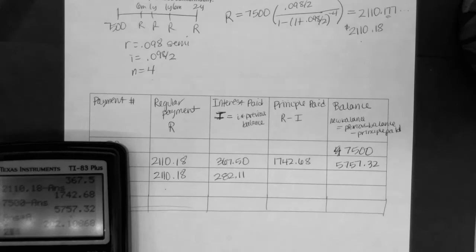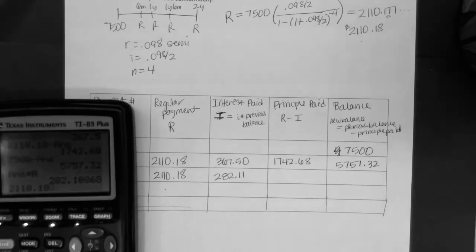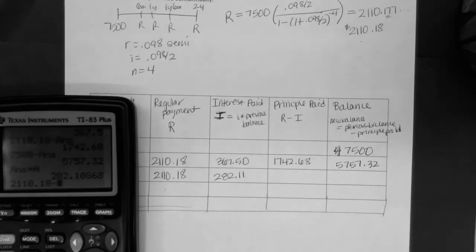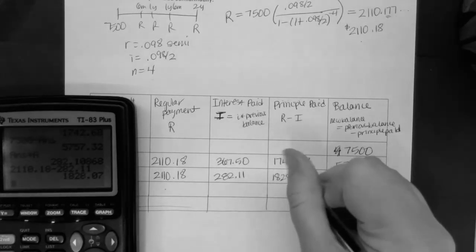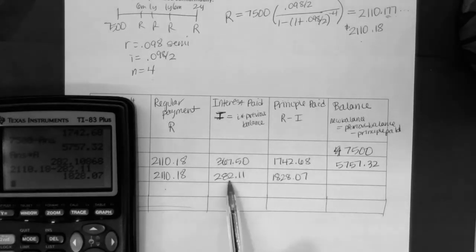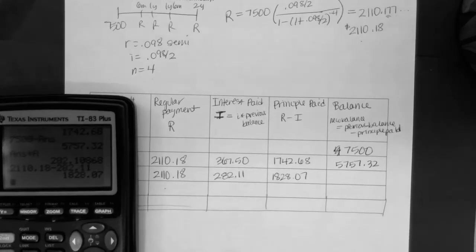So I take my regular payment, I subtract the 282.11, so I get 1,828.07. So notice my interest went down and my principal went up. Okay, there's always going to be that dynamic here. One of them's going to go down and one of them's going to go up. It's called an inverse relationship. You don't need to know that, but just some more math for you.